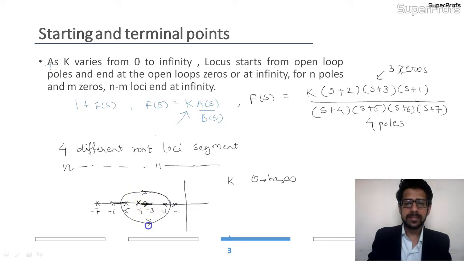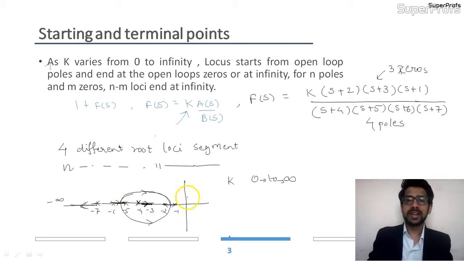So from -6, some root locus travels through this path and goes to -1, and from -5, a root locus starts in this way, travels this way and goes to -2, and from -7, maybe the root locus will go in this particular direction towards infinity. So infinities are at different locations.